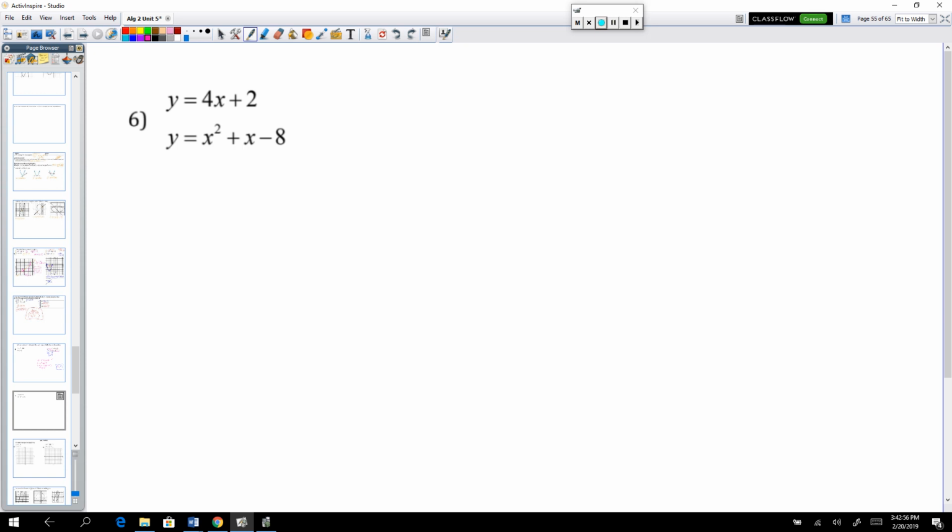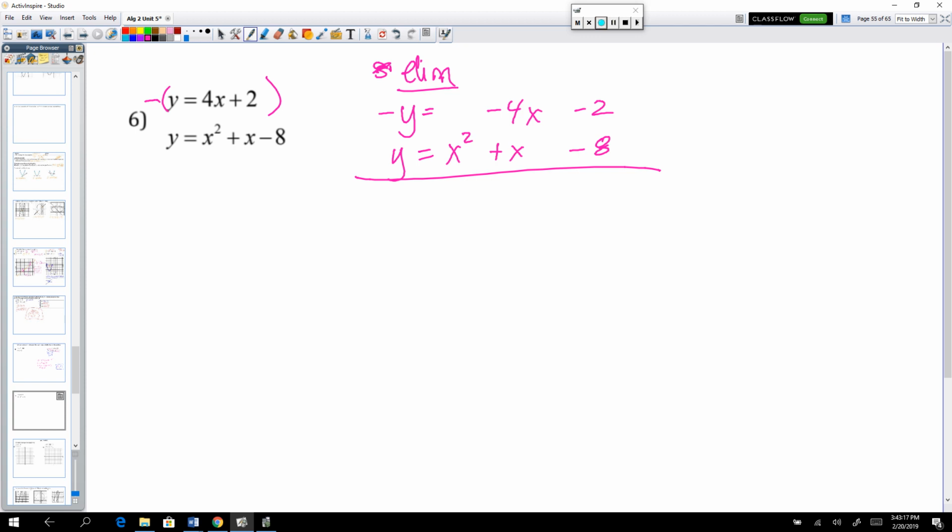I am going to make the top negative for those that are doing elimination. For those that are doing elimination, you'll have negative y equals negative 4x minus 2, and then below that you'll have y equals x squared plus x minus 8. The y's get eliminated. X squared minus 3x minus 10 is what you'll have to solve.